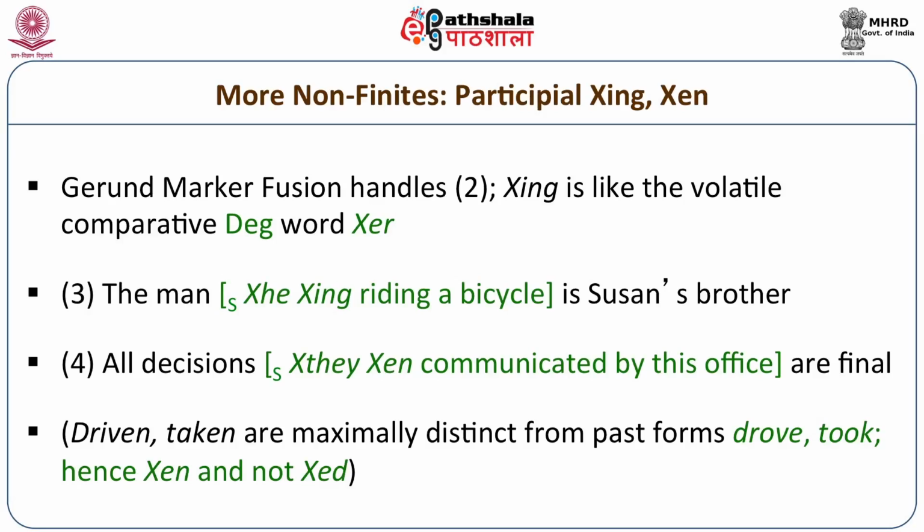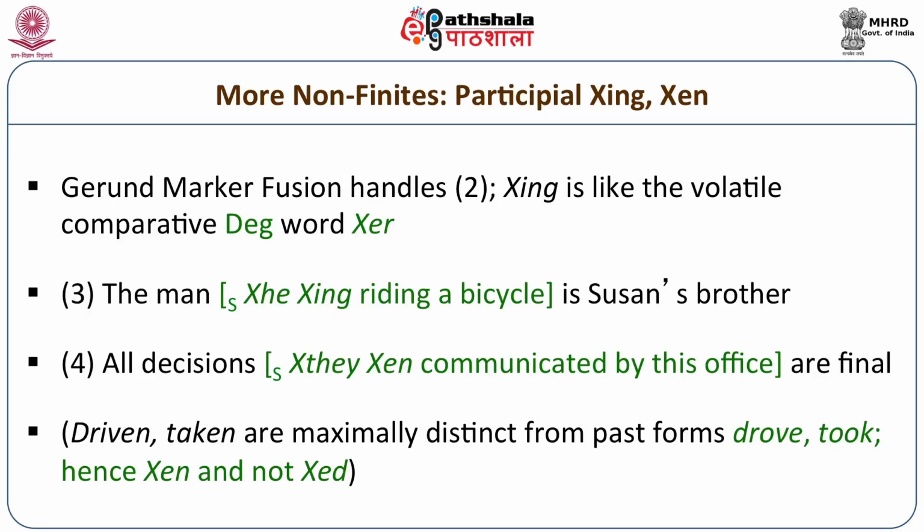Likewise, sentence 4, all decisions communicated by this office are final, starts out in the deep structure with the embedded sentence, the participial clause, containing a volatile subject X de co-referential with all decisions, and with the volatile tense X en, which is going to fuse into the verbal word communicated.